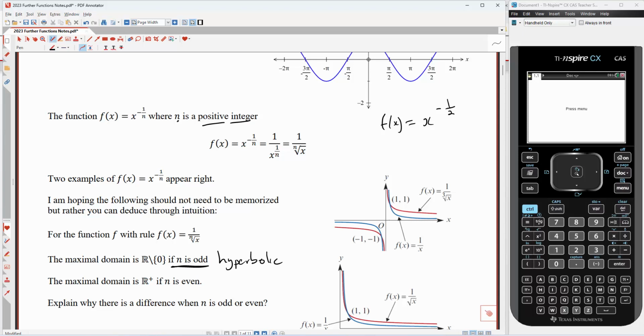Now the reason for that is, let's take one example. f of x equals x to the negative 1 on 3. That's the same as 1 over x to the 1/3, or 1 over the third root function. Recall that the third root function looks like this.